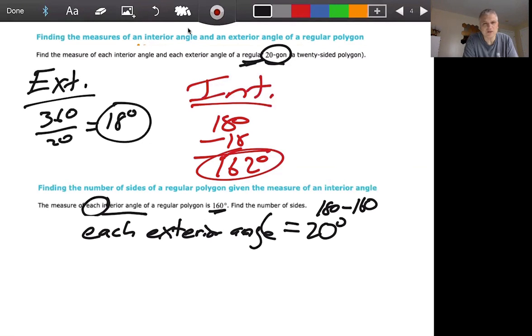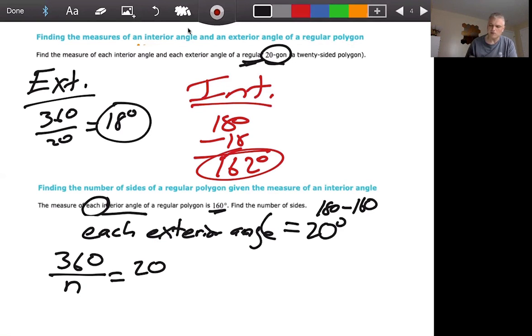Okay, how can I use that? Well, 360 divided by the number of sides gives me one exterior angle, which I just said is 20.